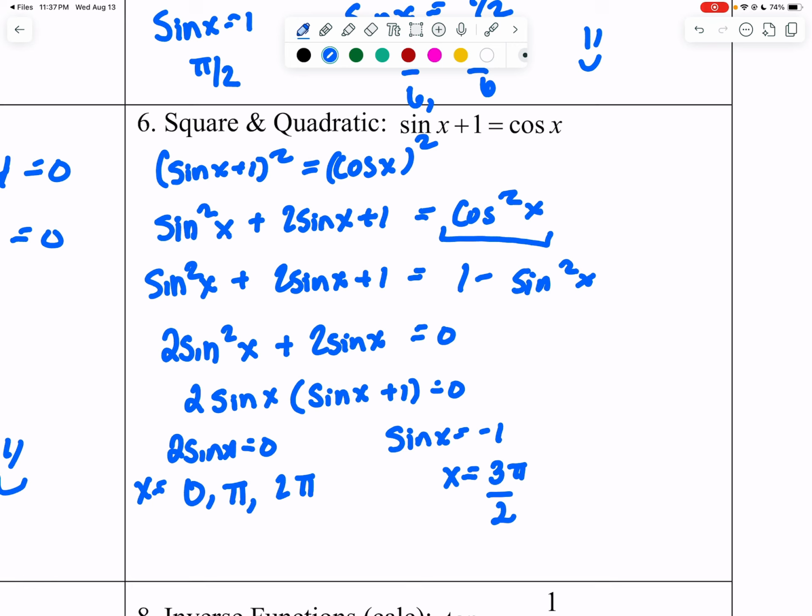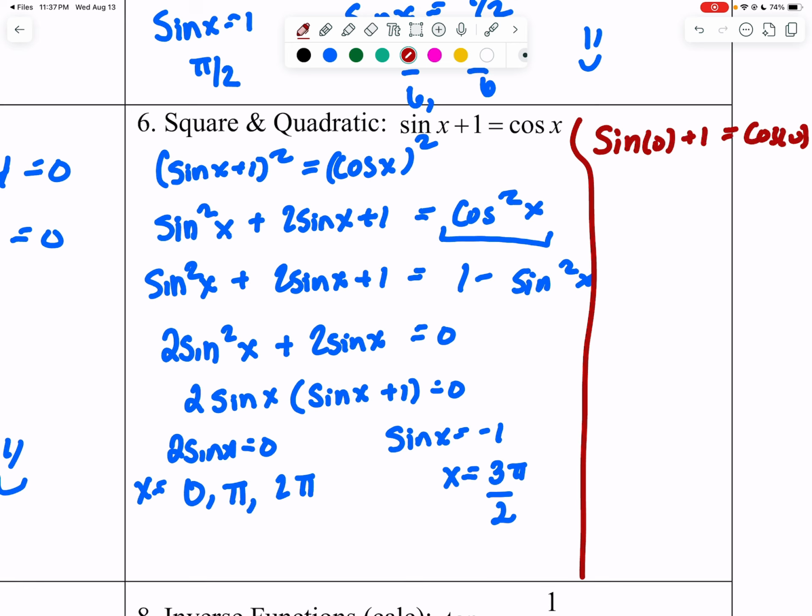So what I'm going to do on the side here is plug and chug. So sine of 0 plus 1 is equal to cosine of 0. We know that sine of 0 is 0. We know that cosine of 0 is 1. 1 is equal to 1. So 0 works, and then 2 pi also works, just because they're cousins of each other.